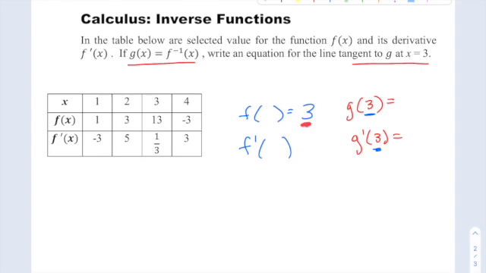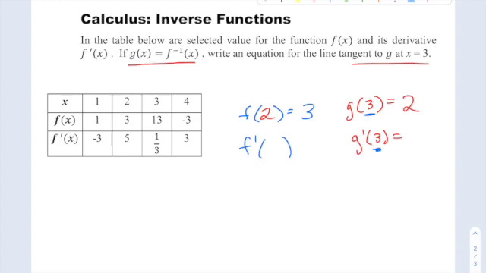When is 3 the y value on f? So you look on f, here are the y values, and 3 is the y value when you're talking about an x value of 2. Okay, so right there, if f of 2 is 3, that means g of 3 is 2. X and y are switched, so there's your point of tangency, 3 comma 2.